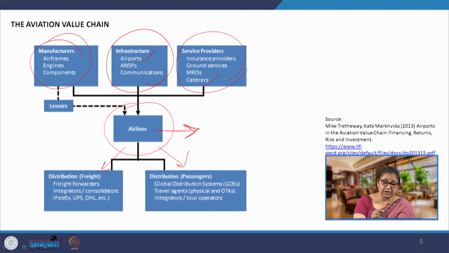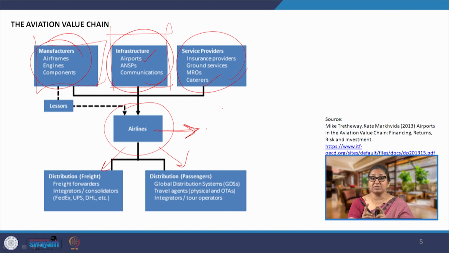However, if we are looking at say airports, the infrastructure, or manufacturers, for them this emission, which is scope 1 for airlines, is going to become scope 3. And this is what we are going to see, what all is part of the scope of airport.